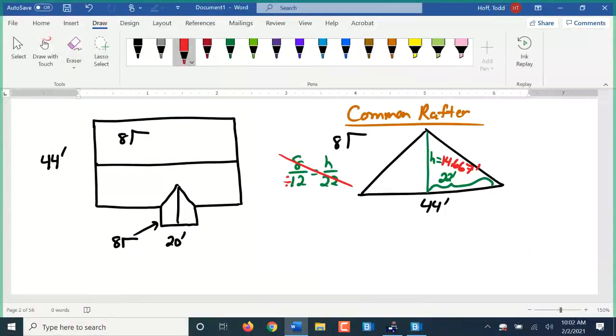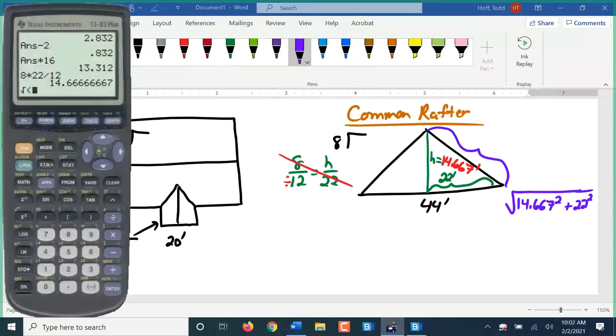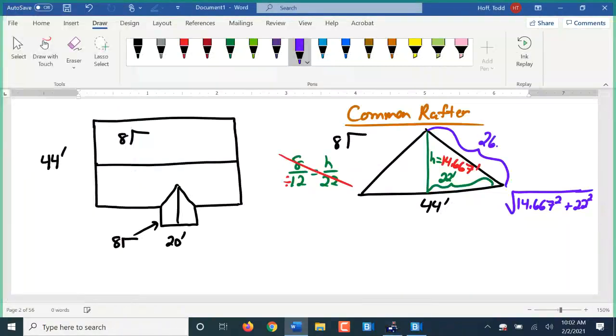Now we still need to find the length of that common, and that'll be the square root of that 14.667 squared plus the run of 22 squared. Giving us the length of the common is 26.441. So that again is this right here, that length of 26.441.